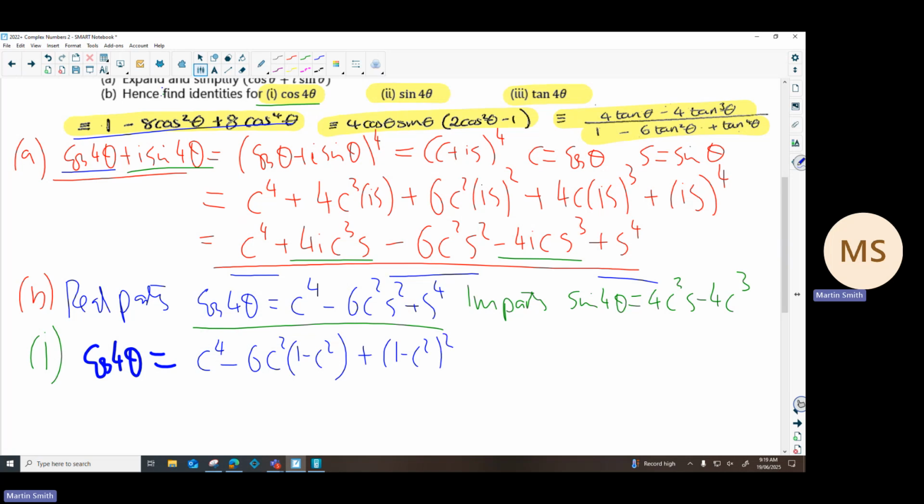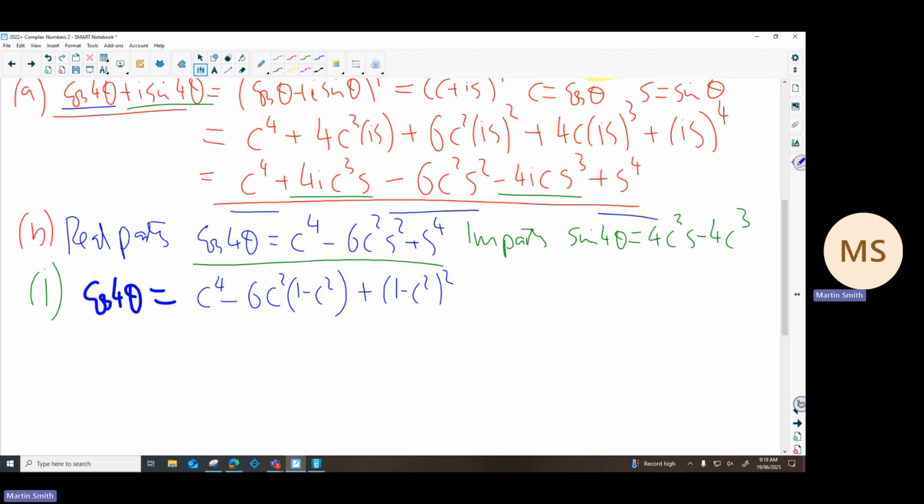If we now do some algebra, we should be able to derive this identity here. So this is going to give me c to the 4 minus 6c squared plus 6c to the 4. And then if you expand 1 minus c squared all squared, you will get 1 minus 2c squared plus c to the 4.